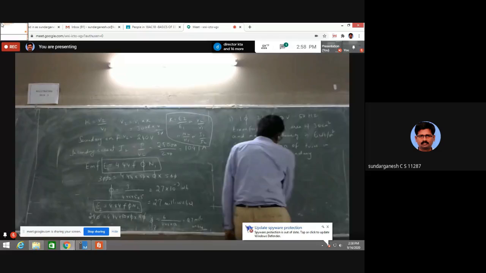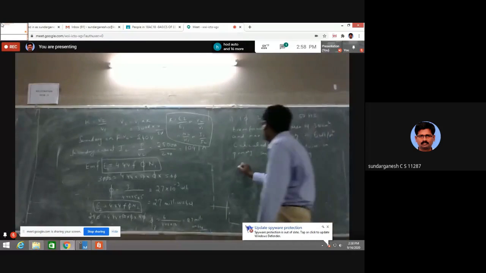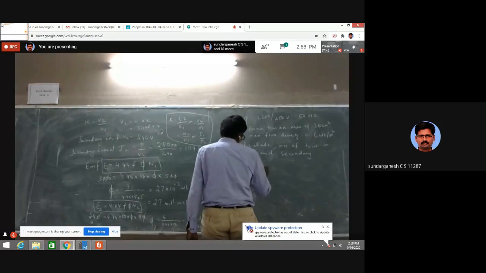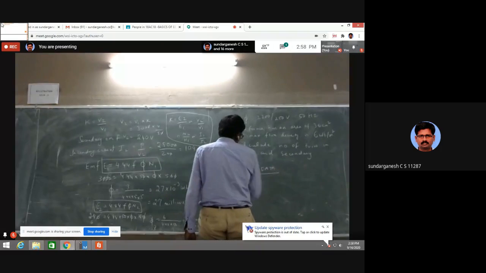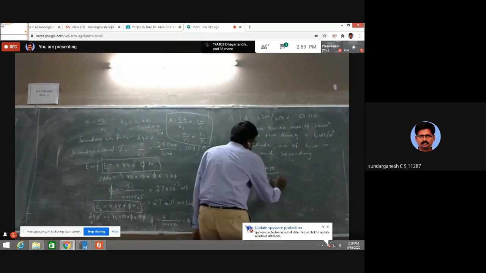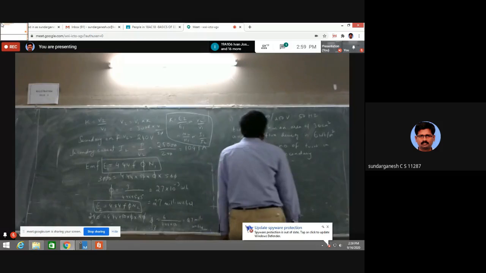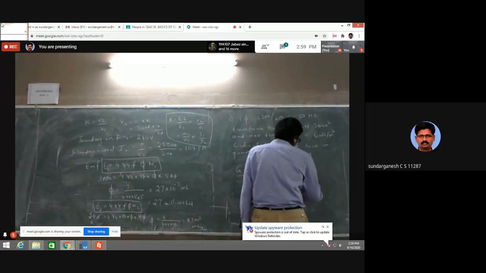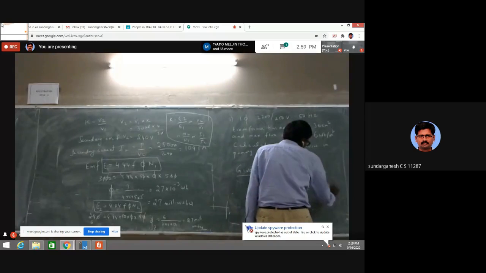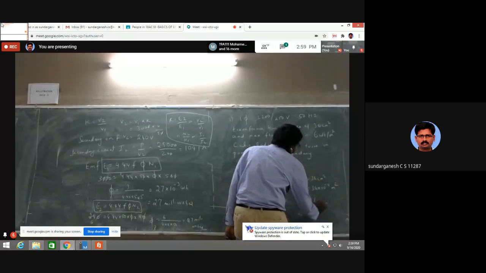So first write the given data. Given data is V1 2200, V2 250, F 50 Hertz, area 36 centimeter square, which can be written as 36 into 10 power minus 4 meter square, and flux density B equal to 6 Weber per meter square.